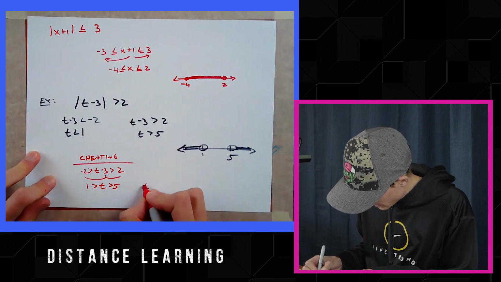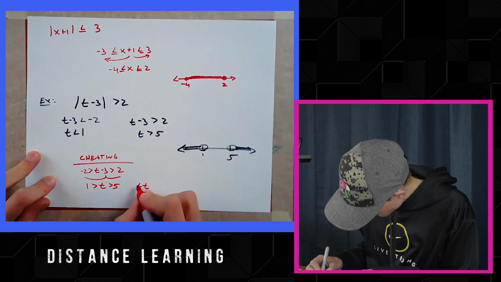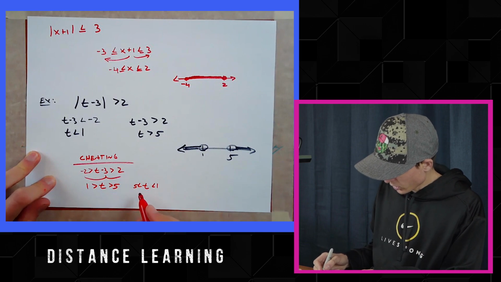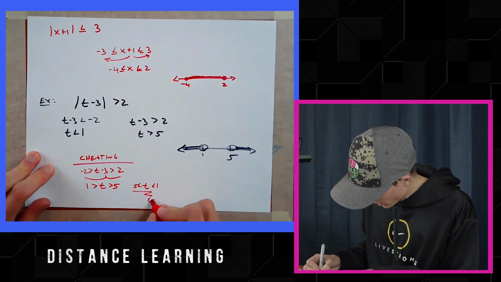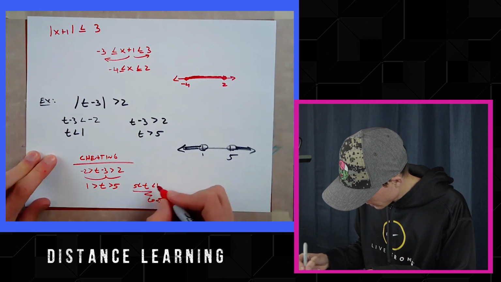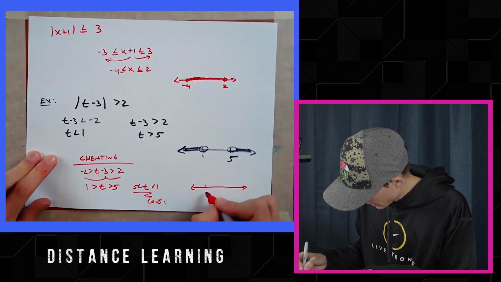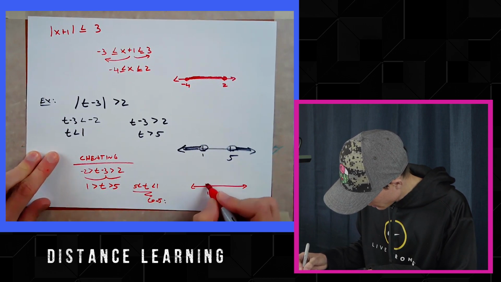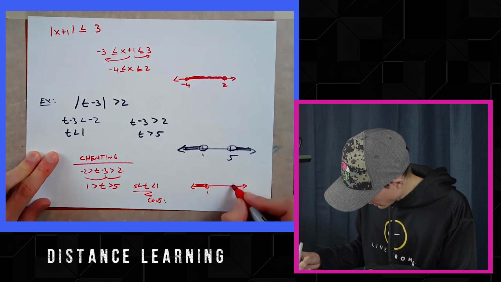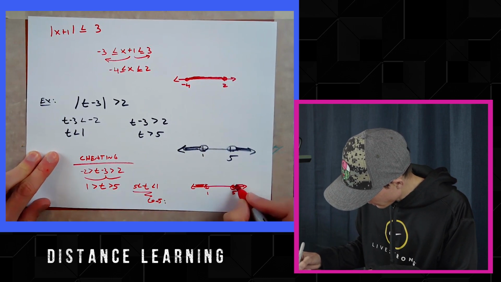You'll normally see it like this. However, normally that is if it's a conjunction, but you'll see, again, less than 1. That says less than 1 that way. Greater than 5, that way.